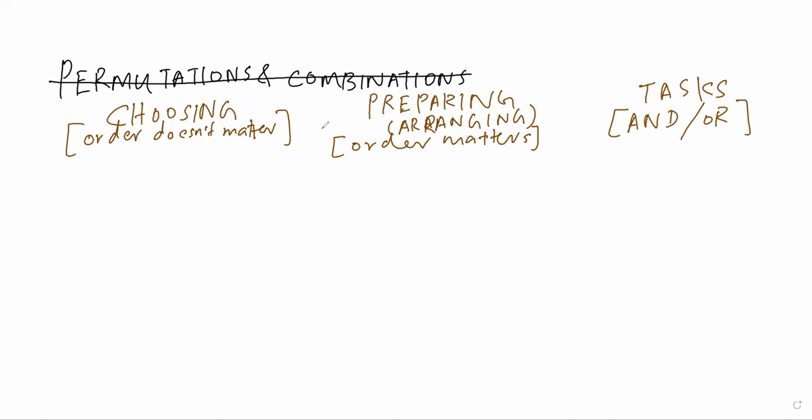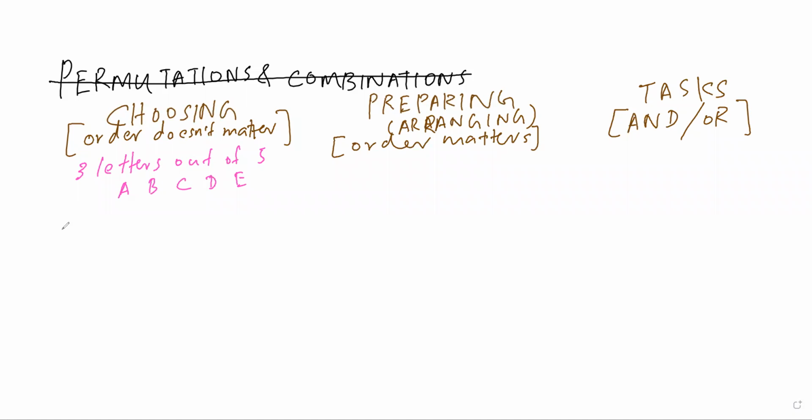So an example. Let's say this is about choosing 3 letters out of 5. Okay, let's say the letters are A, B, C, D, and E. So there are ways of choosing.